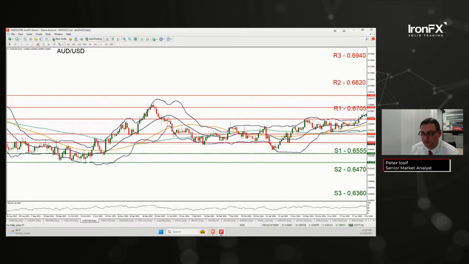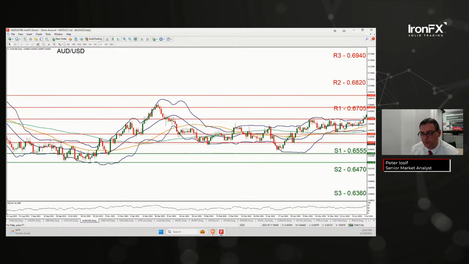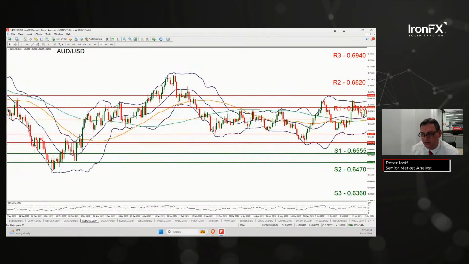Let's unlock the chart, go further back. On the other hand, though, if we raise it, we may be able to catch this upward movement here. I'm keeping the S1. The S2 as well. Let's go further back.